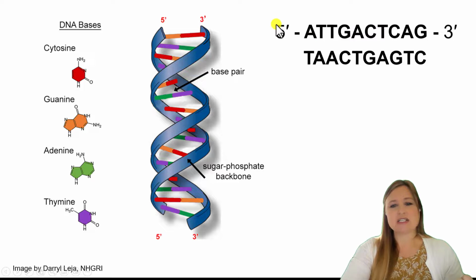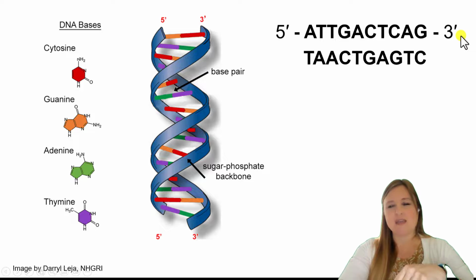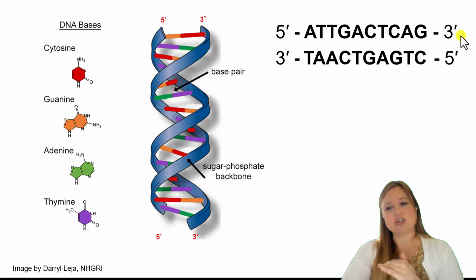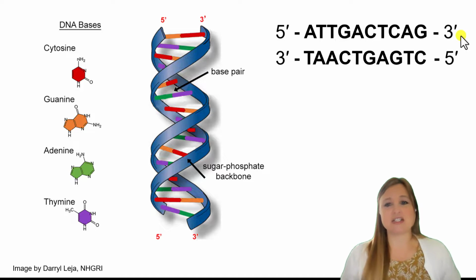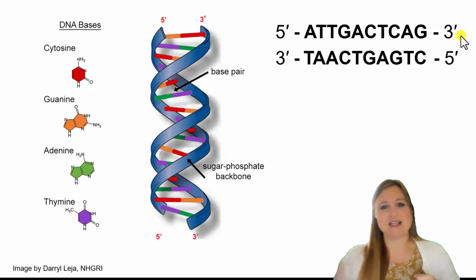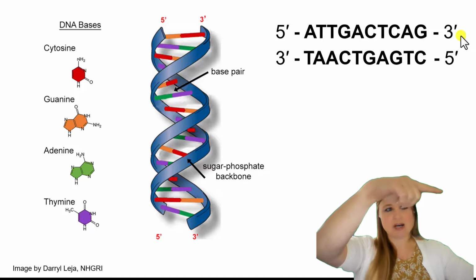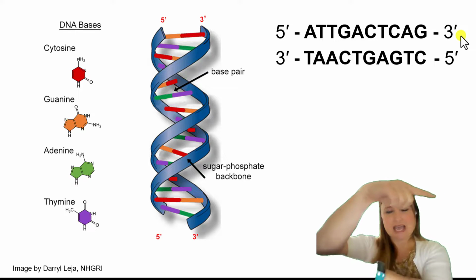So if this top strand is 5' to 3', left to right, then it makes sense that the new strand is 5' to 3', right to left. Okay, so our top strand is going left to right. Our bottom strand is going right to left.